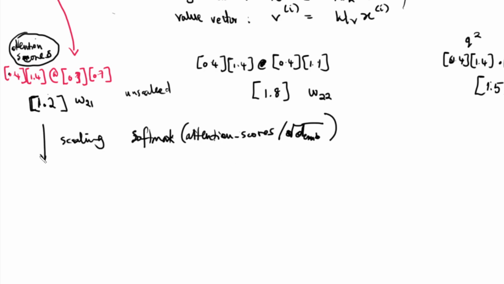What we'll end up with is something like, let me get my numbers correct. When this is scaled, it becomes 0.1. And then this, when it's scaled, becomes 0.2. All of these attention scores are going to be scaled, even the ones that we haven't written down here.